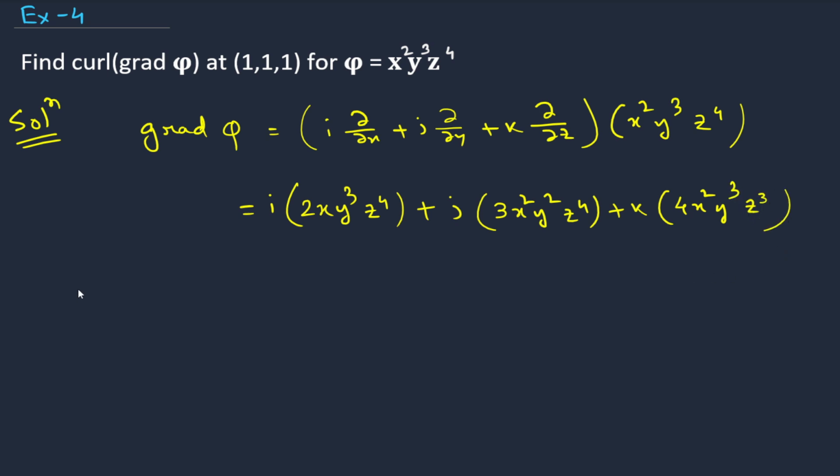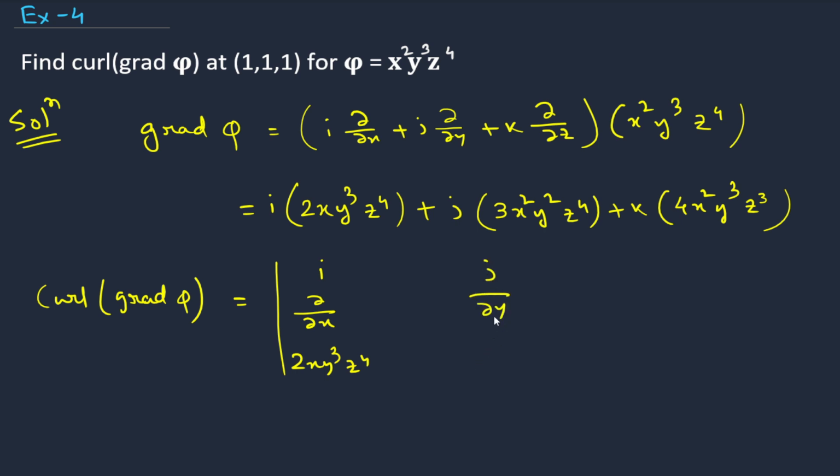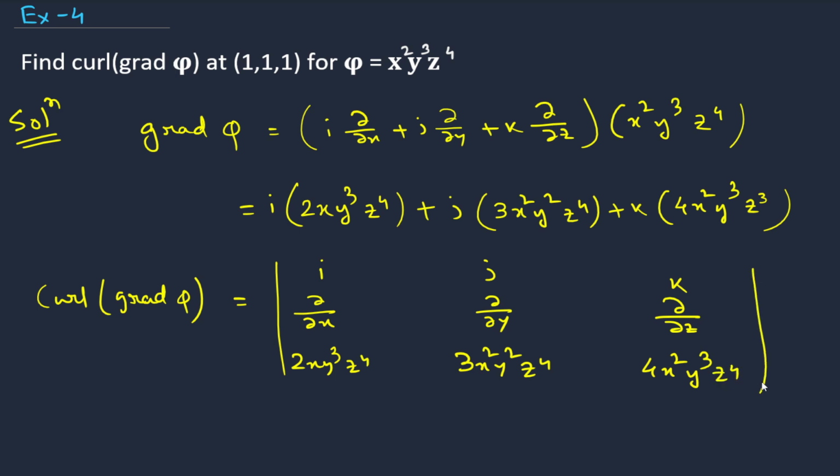Now let us find curl grad phi. So what we can write? i, j, k, then ∂/∂x, ∂/∂y, ∂/∂z, and then 2x y³ z⁴, 3x² y² z⁴, and 4x² y³ z³.